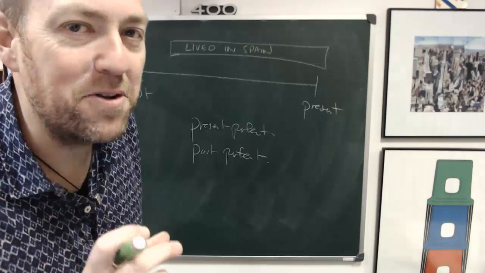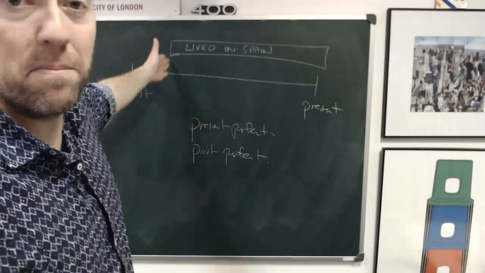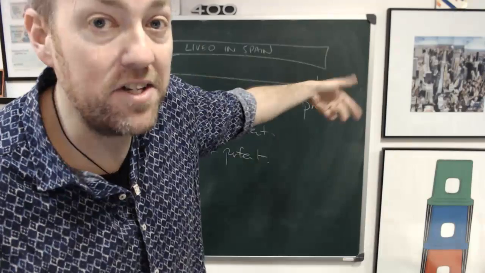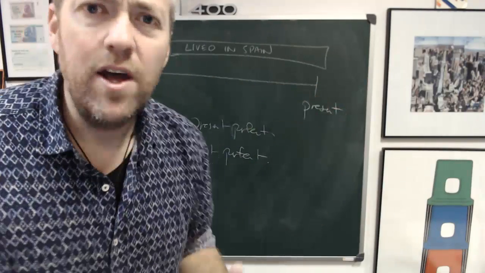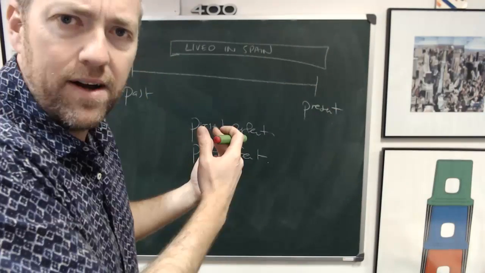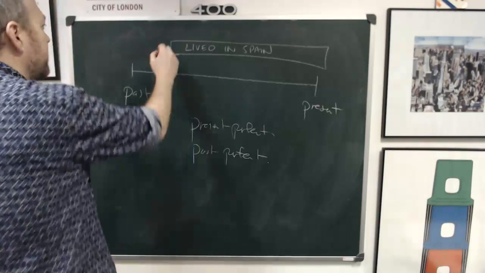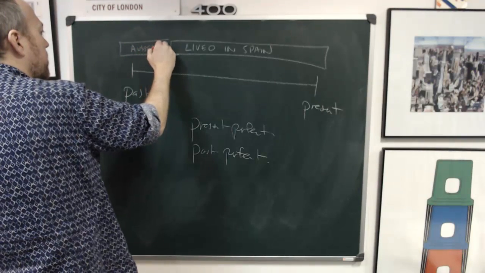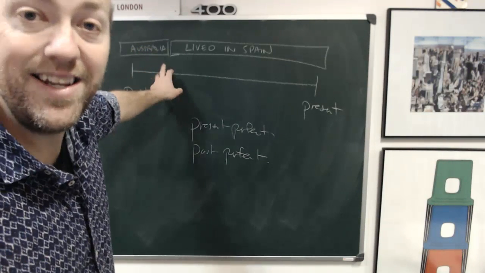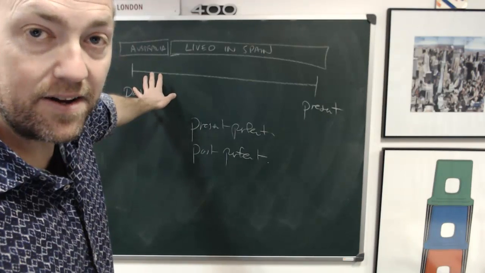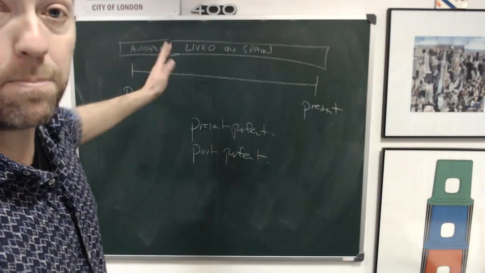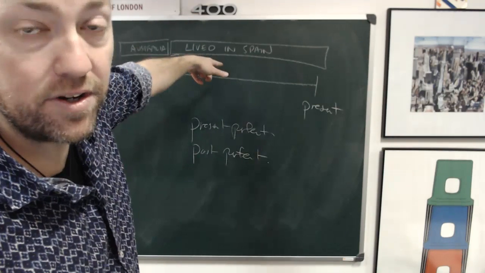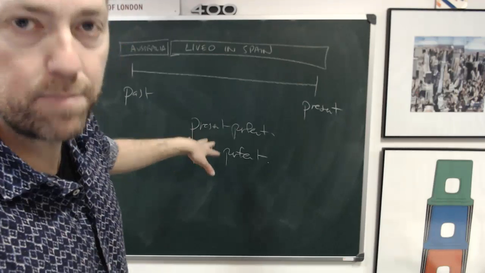So a little modification. This is the moment when I moved to Spain and now I have lived in Spain. But what did I do before living in Spain? I lived in Australia. And because this action is before this action, we use past perfect.